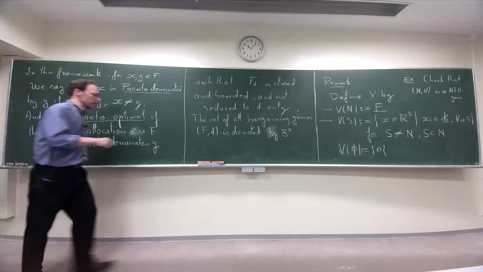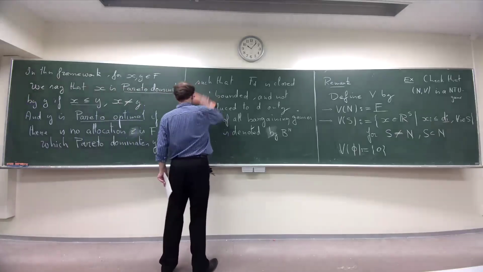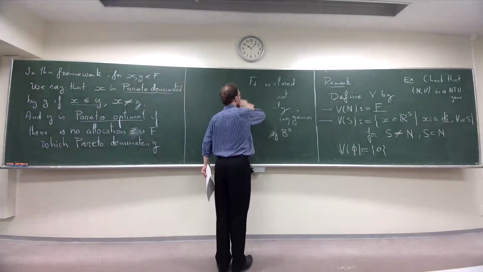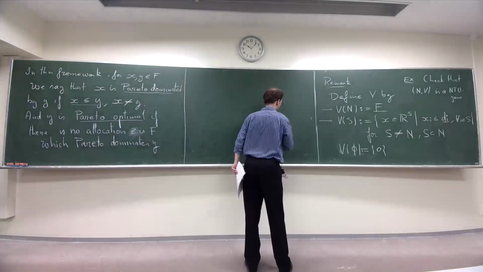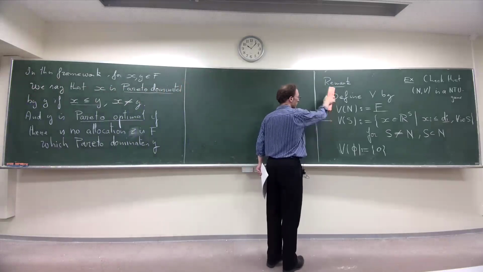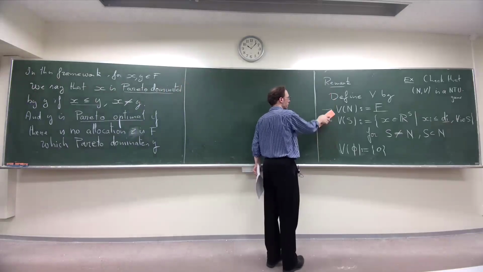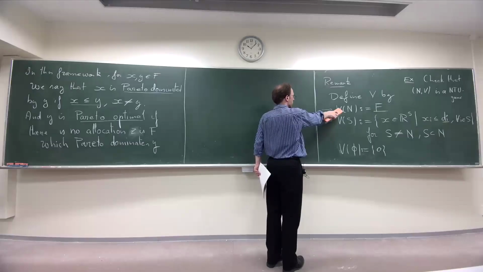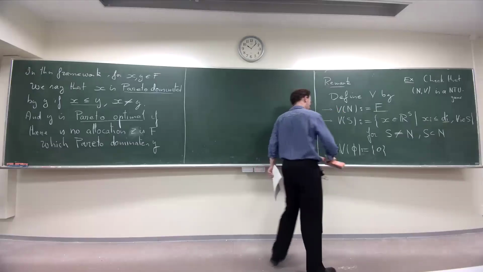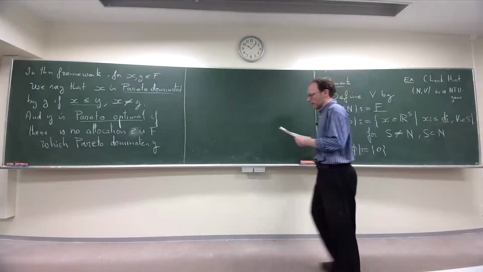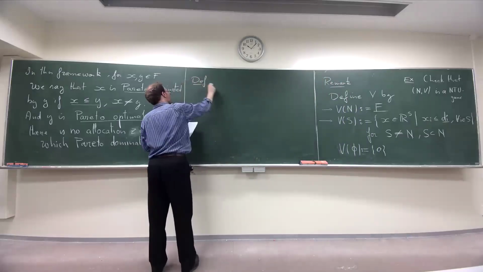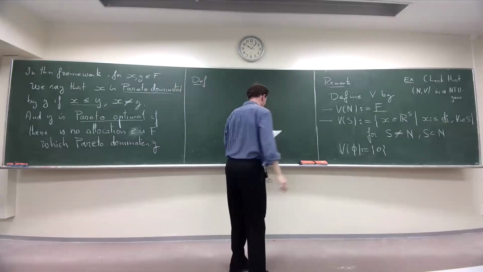Now, at the end of the previous section, I said now we look for rules for finding feasible allocations. But as I already mentioned, in this case, it's rather simple because the only very simple element is this V(N). In the end of the previous section, I mentioned allocation rule.